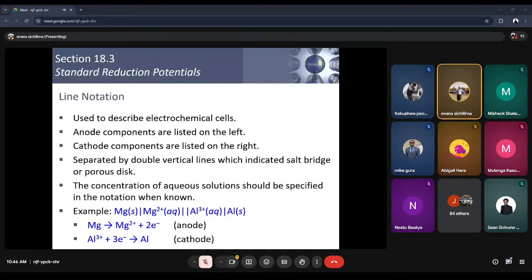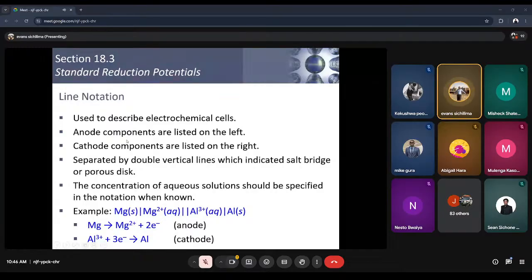Since you are not going to be redrawing the galvanic cell all the time, you can come up with a chemical representation of what is happening in the galvanic cell, because you are a chemist, not an artist. You don't need to start drawing everything that they are given there. You just need a representation in a chemical sense.